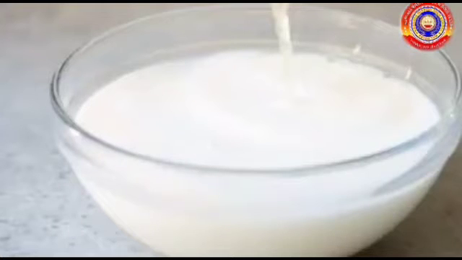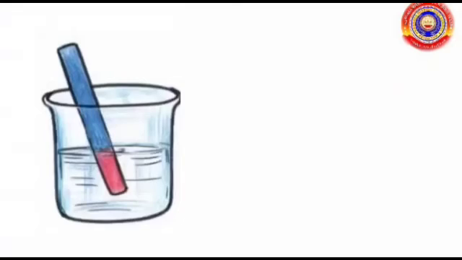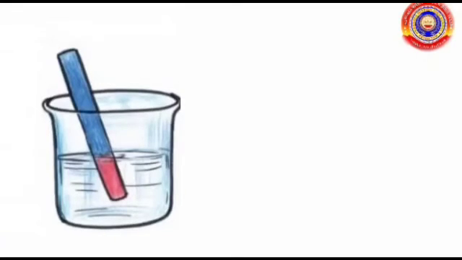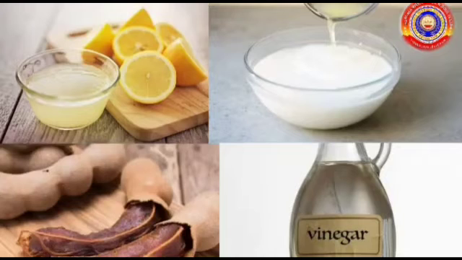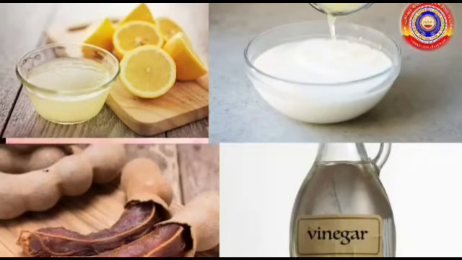Then see the color change. In this experiment, it is clear that the liquids which have a sour taste turned blue hibiscus paper to red. Lemon juice, buttermilk, tamarind and vinegar generally have a sour taste and they contain acid.